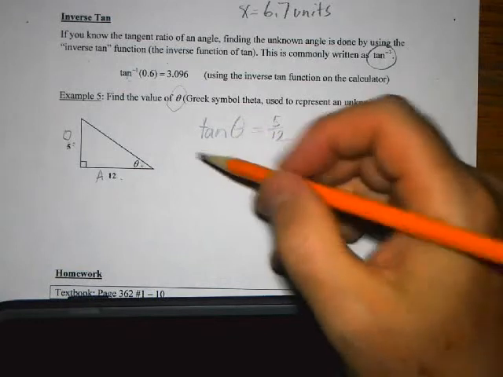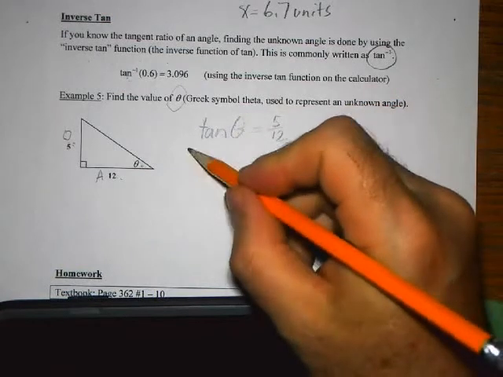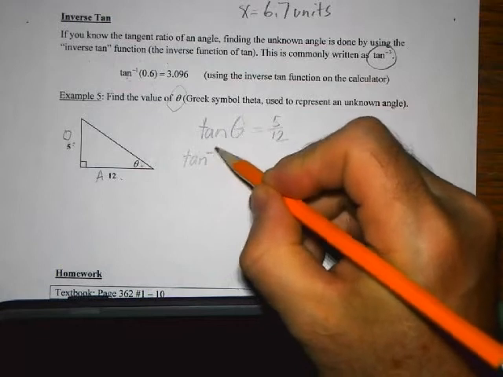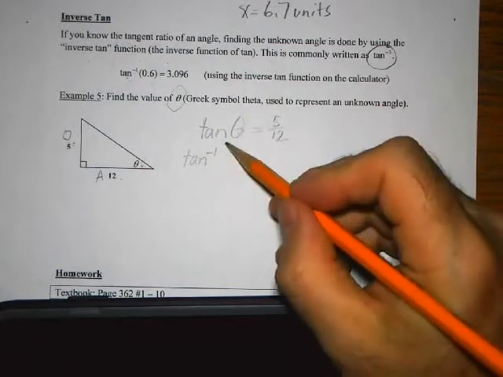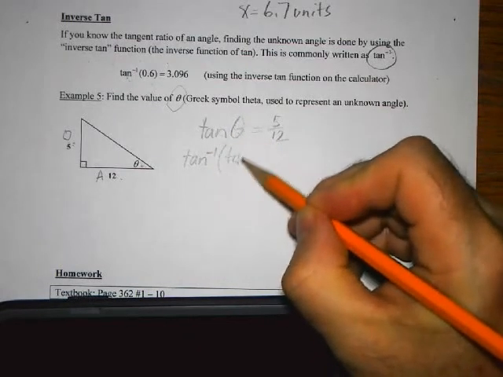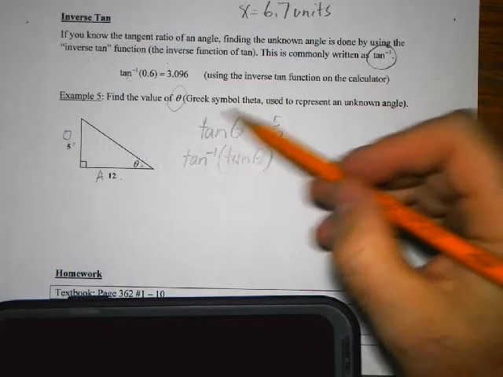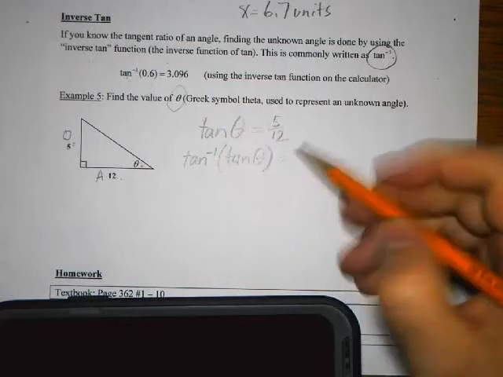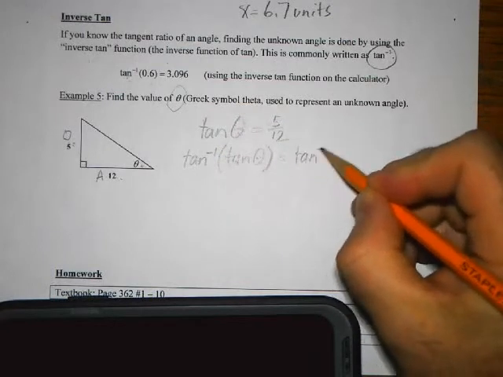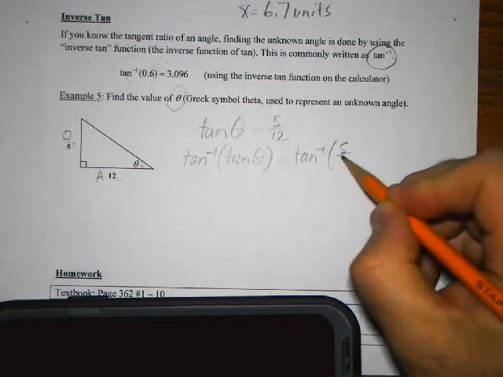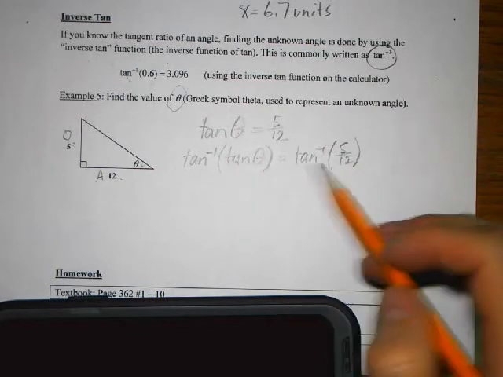So I'm going to take the tan inverse of both sides. I'm going to put brackets here. This probably looks a little funky the first time you see it. So I'm taking the tan inverse of that, and that's going to be equal to the tan inverse of 5/12. I'm just doing the same thing to both sides like we always do when we solve equations.